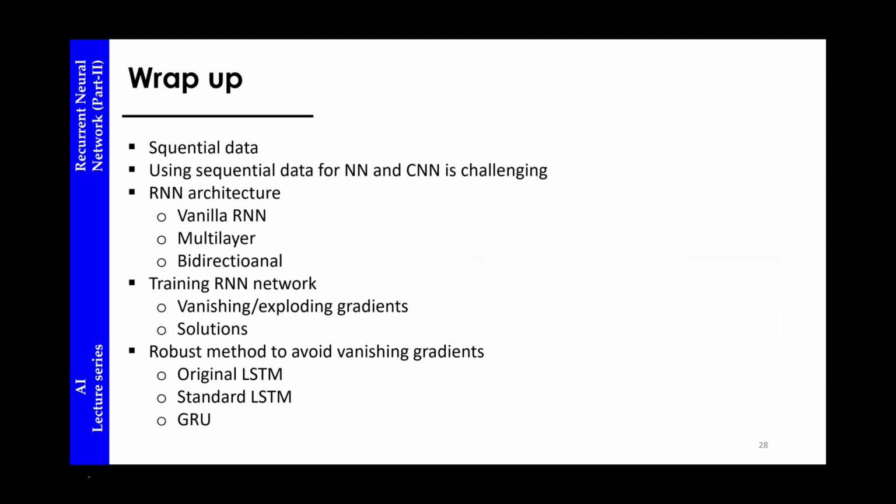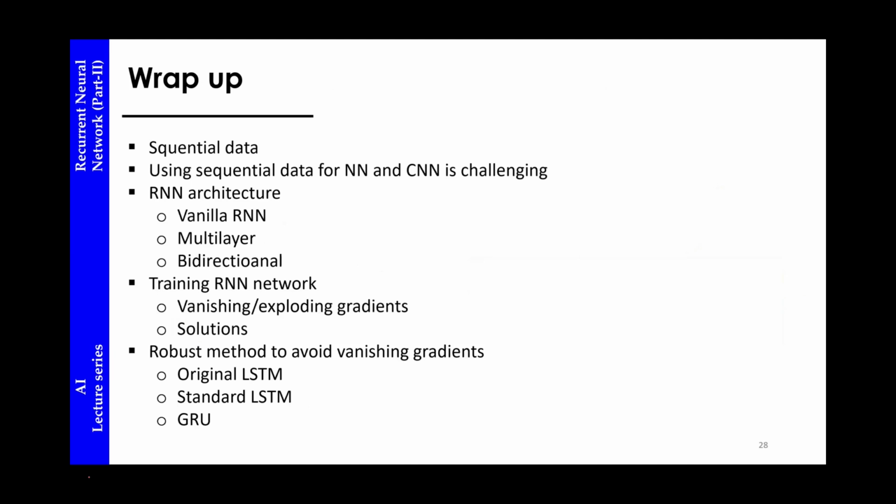So far, within 2 videos, we discussed the recurrent neural networks. First, we started with sequential data, and we discussed how inputting sequential data to neural networks and convolutional neural networks is challenging.